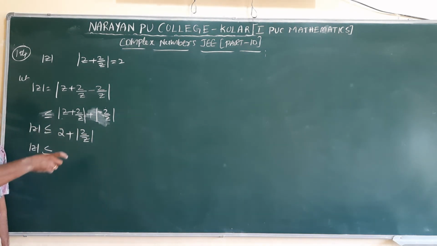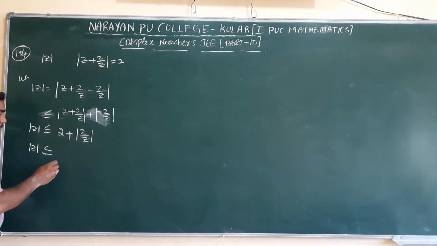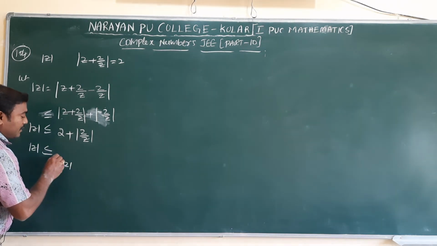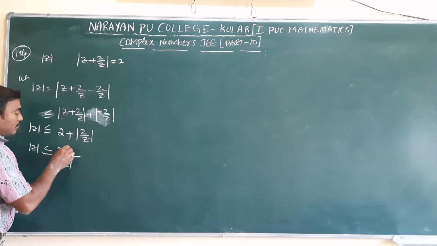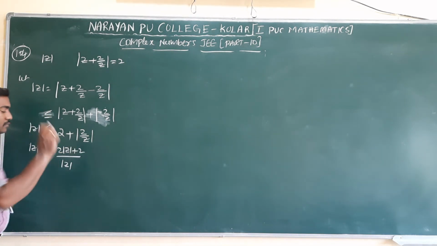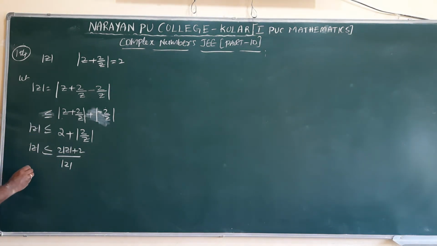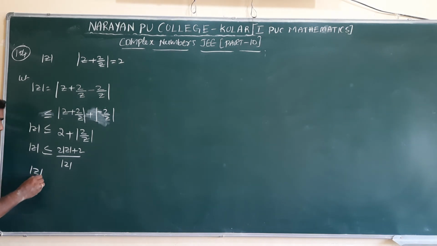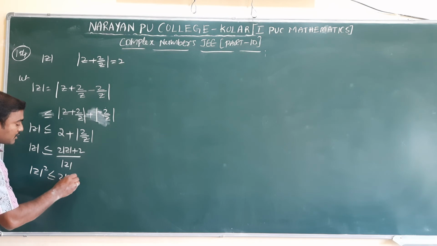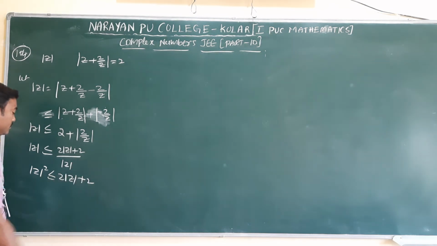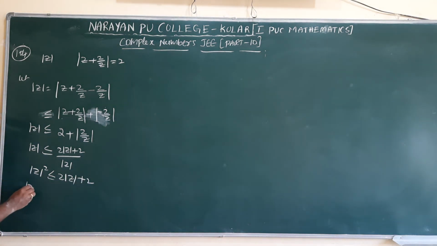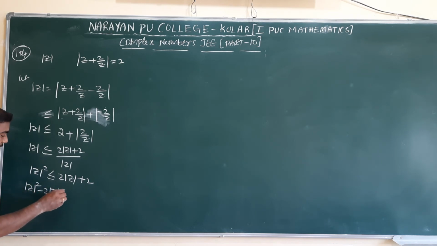Taking the LCM, the remaining is 2 into mod z plus 2. Now cross multiplying, modulus of z square is less than or equal to 2 into modulus of z plus 2. So modulus of z square minus 2 into modulus of z is less than or equal to 2.